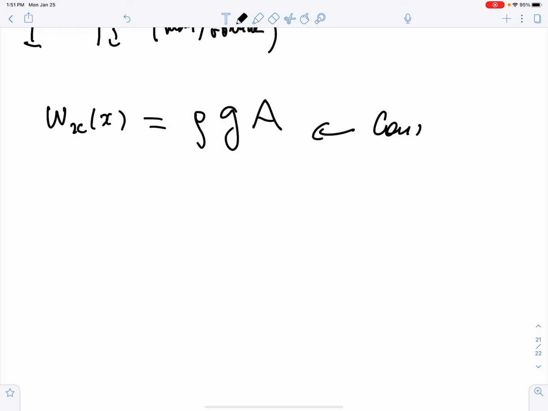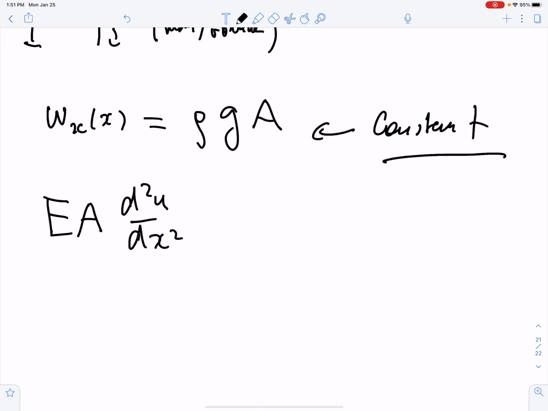This example will also show you what the displacement and force distributions in the bar look like for constant distributed loads. Then the differential equation looks like this: EA, as I said, prismatic, d squared u dx squared equals minus W, which is minus rho g A, like this, right?